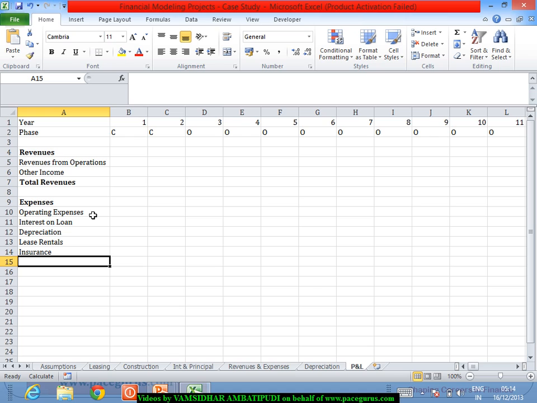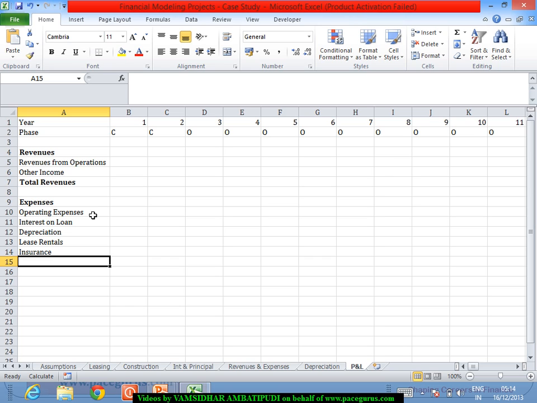Insurance, even that is an expense for us, because we are taking the insurance until the project is existing. And probably any other expenses that are there.